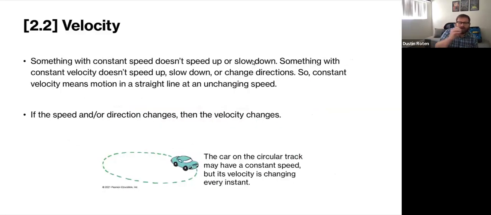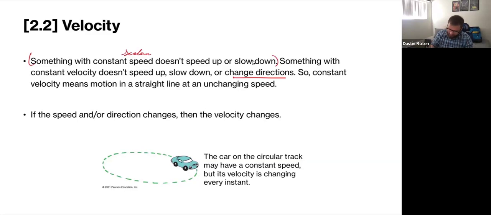So something with a constant speed doesn't speed up or slow down. So this is the scalar version. But now since a velocity has two pieces, a magnitude and a direction, we have to extend this a little bit. So something with a constant velocity doesn't speed up, slow down, or change directions.